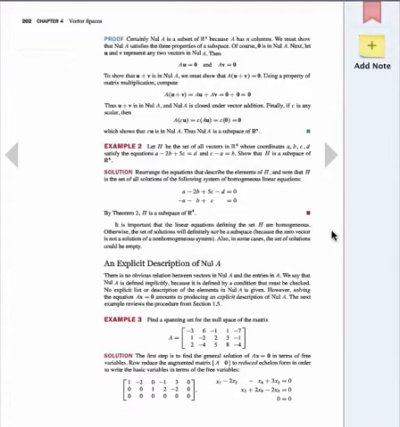How do we describe a null space? In other words, what we're going to want to do here is find a set of vectors so that the null space of A is the span of that set of vectors.